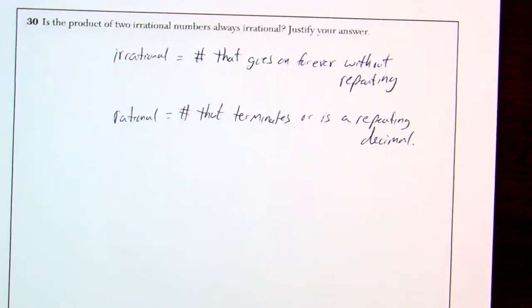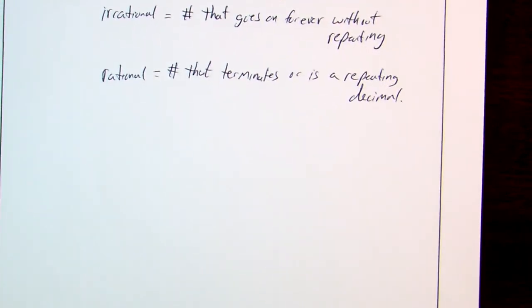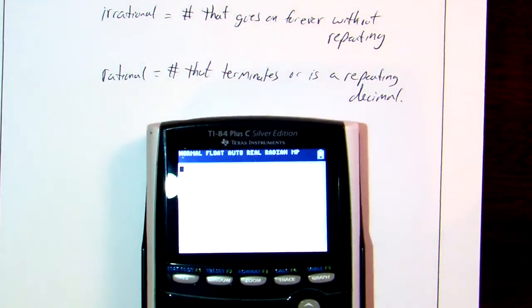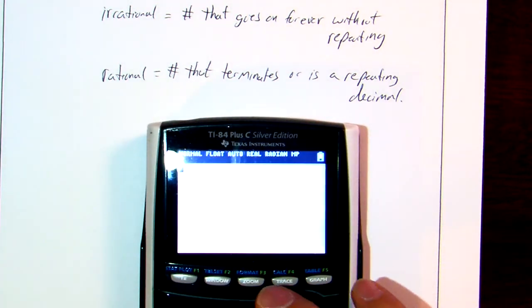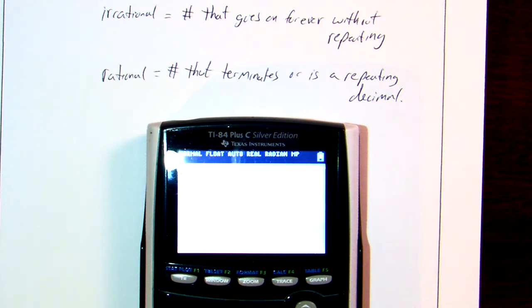Okay, so what I can think of is the square root of 2 is irrational. Why is the square root of 2 irrational? A lot of square roots are irrational. So if you go second, x squared, to get your square roots, and 2. Okay, square root of 2, when you plug it in, is 1.414213562 and so on. So that's definitely irrational.